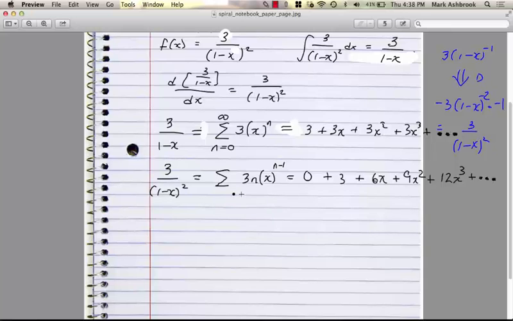What is going to be our starting n value so that our first term is 0? When you take the derivative of the general term of the series, you follow the rule just like a normal derivative rule, but now you're starting at n equals 1 instead of n equals 0, because n equals 1 will give us that 0 that we need. N equals 2 then will be this 3 here.